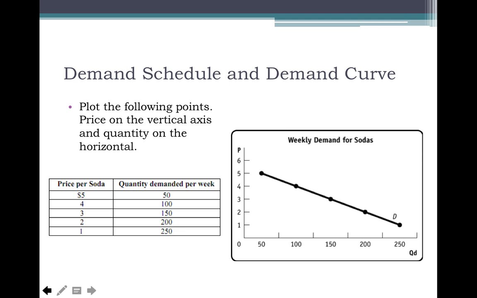Once again, you'll notice the inverse relationship, the downward slope, and this graphically illustrates the law of demand. As the price goes down, the quantity demanded goes up, and as the price goes up, the quantity demanded goes down. Okay? Your demand curve will always, always, always have a downward slope to it.